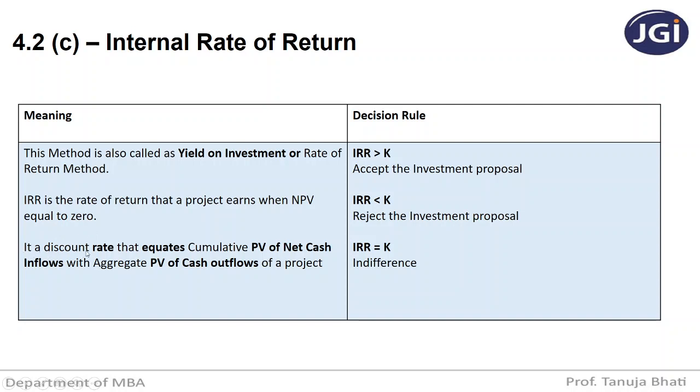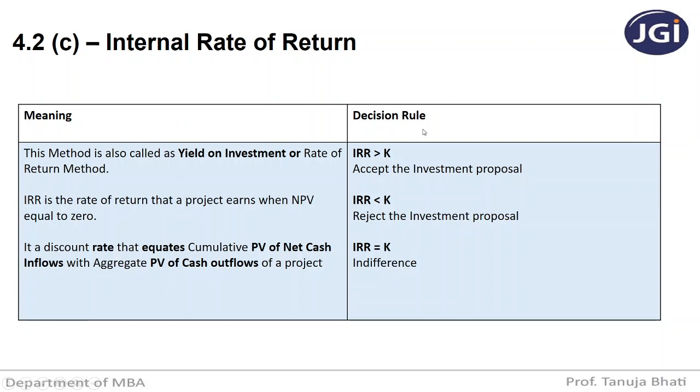It is a discount rate that equates cumulative PV of net cash inflow with aggregate PV of cash outflow of a project. So, internal rate of return means the rate of return that will be fetched on the investment that is made. Under this method we are going to calculate the rate of return.